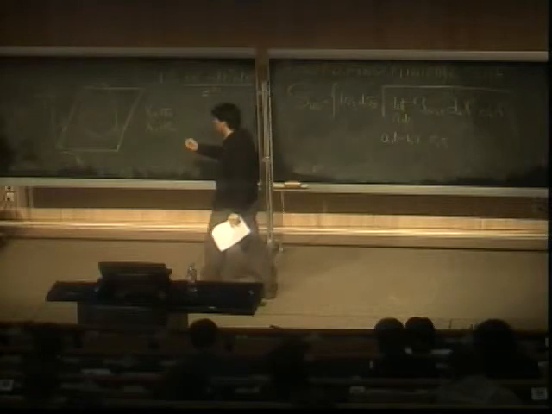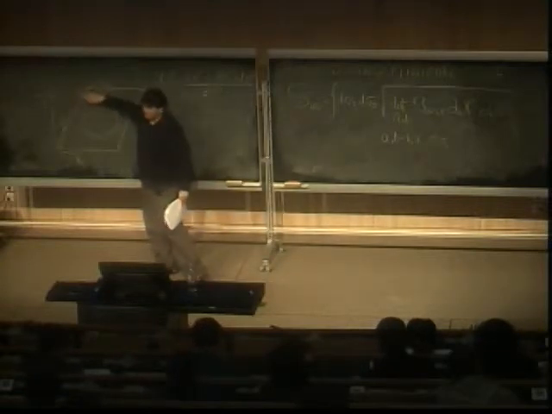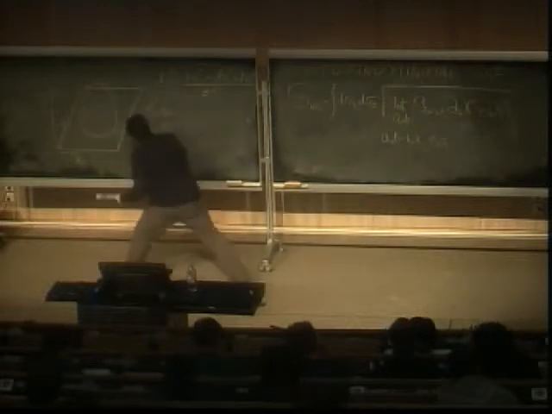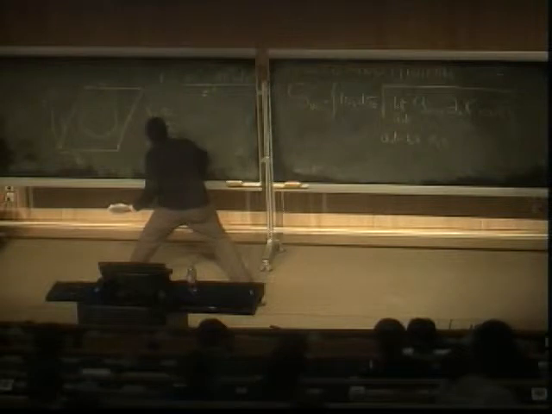I am assuming that it doesn't self-intersect or anything like that. Then z will be a generic function that we will have to find of x1 and x2.